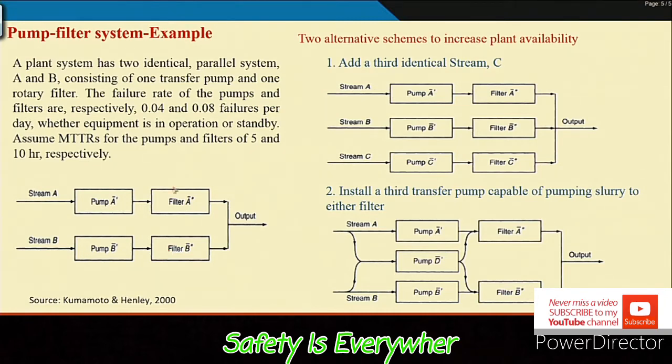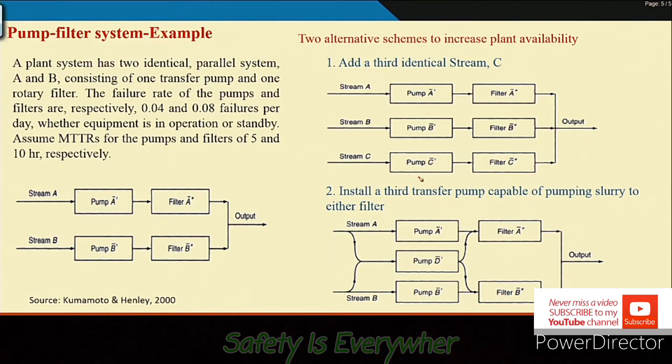One is keep the status quo, meaning the two parallel streams, and proceed, or see two alternate approaches. One is add a third identical stream, so that one stream will be redundant or standby, or you add a pump which is capable of pumping slurry to both the filters.